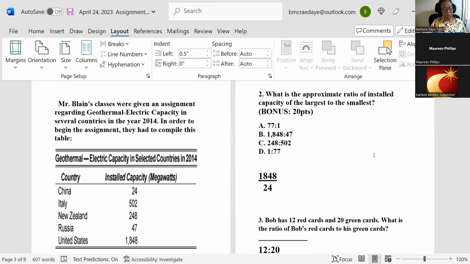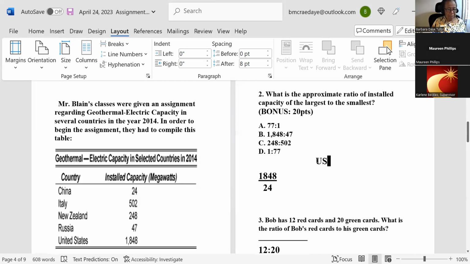Because B is US to Russia. All right. So we said ratio of the largest to the smallest. The largest is the US and the smallest is China. So let's just put here, the largest to the smallest would be US, United States.